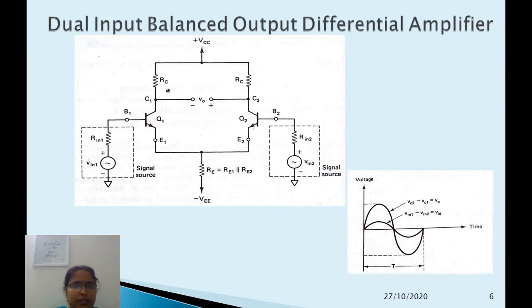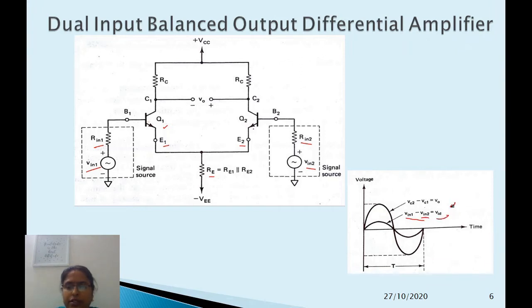This is the same circuit we had drawn earlier. Here we are using the inputs Vin1 and Vin2, with the internal resistances Rin1 and Rin2 of these two voltage sources. This is the transistor Q1, Q2 with the emitter terminals E1 and E2. This is the emitter resistance, and in this diagram you can see that Vin1 minus Vin2 forms the VID.